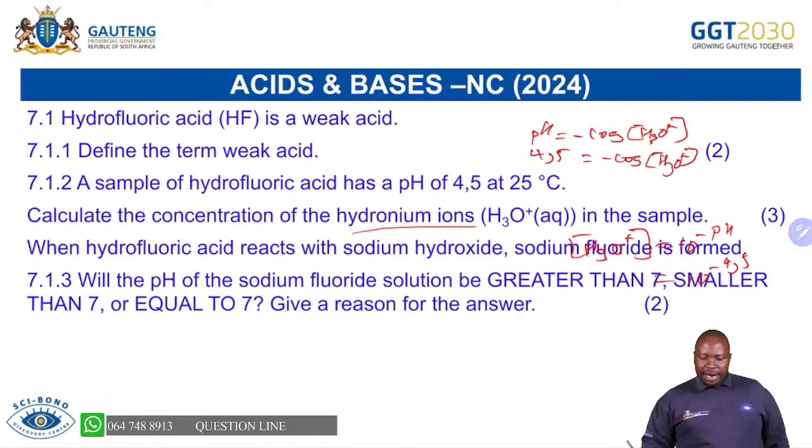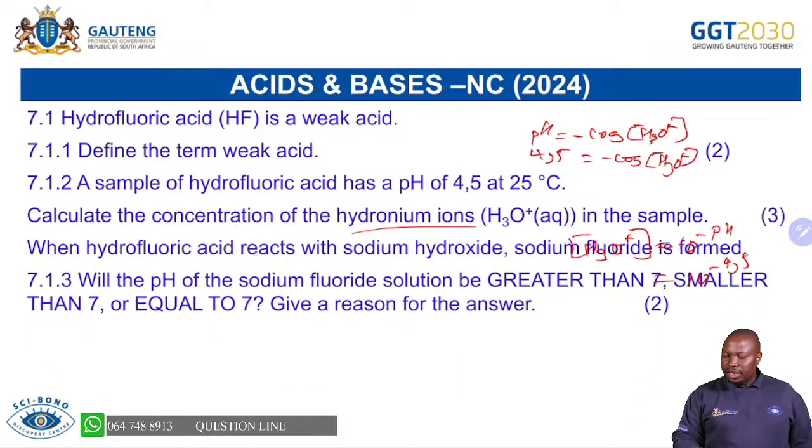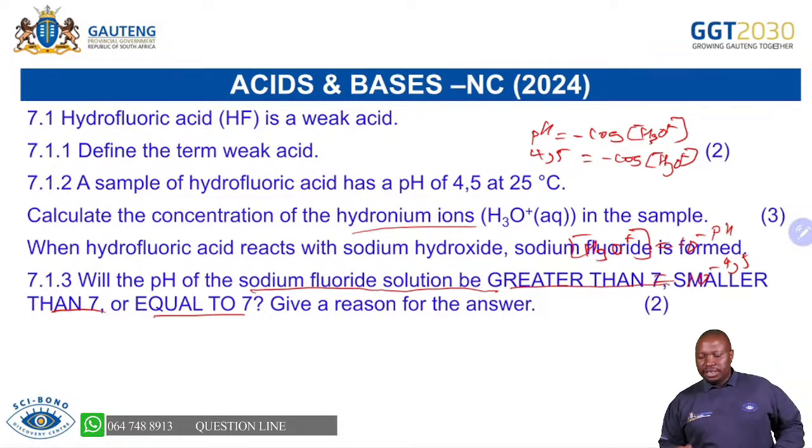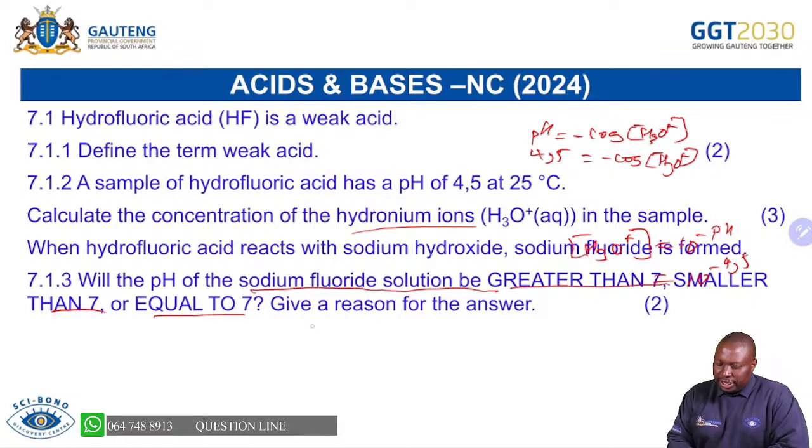Now, will the pH of the sodium fluoride solution be greater than 7, smaller than 7, or equal to 7? That question is simply saying, if you have a salt called sodium fluoride, it is undergoing hydrolysis.